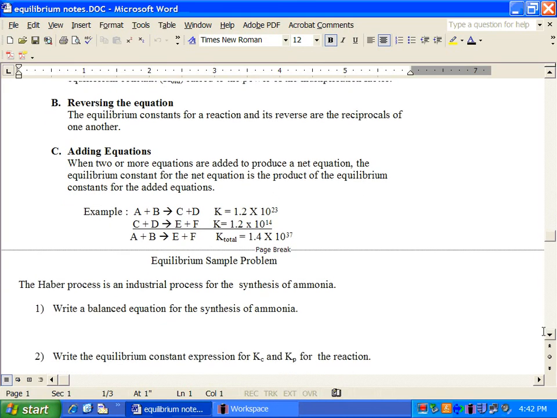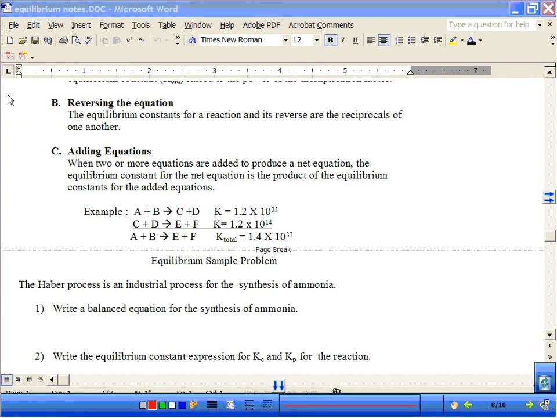The last thing is when you're adding two together. When we did the rate mechanisms, things happened in steps. And so if it happens in more than one step, say if this was step 1 and this was step 2, if you add these two together, can you see your intermediates there, and these two equations are making this one here. This would be the K1 and the K2. In order to find the new K, you simply multiply these two together. So it's as simple as that.